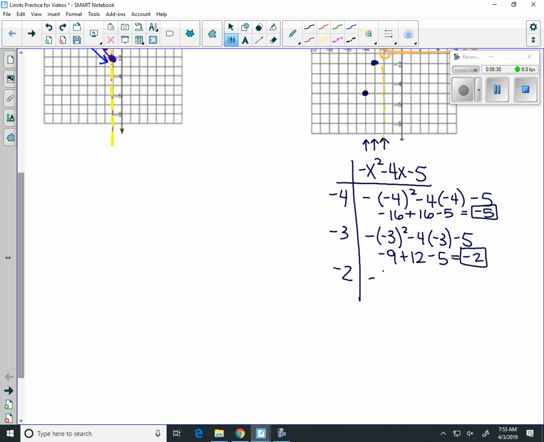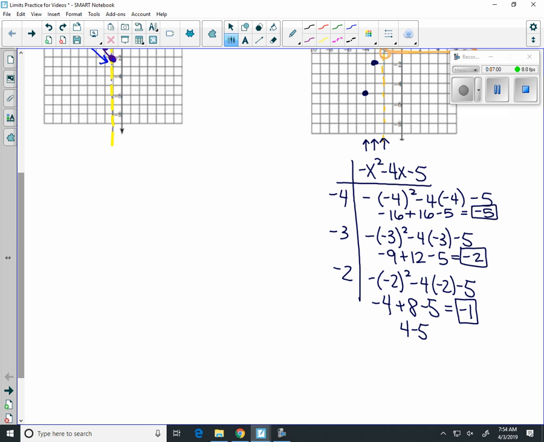Okay, negative 2 squared minus 4 times negative 2 minus 5. So negative 2 squared is positive 4, but I have that negative on the outside. Negative 4 times negative 2 is positive 8 minus 5. So negative 4 plus 8 is positive 4 minus 5 is negative 1.